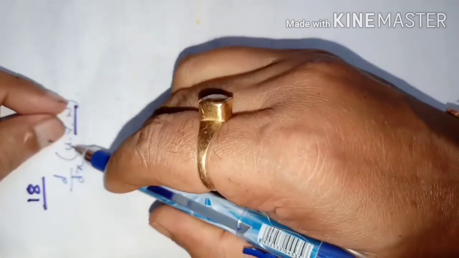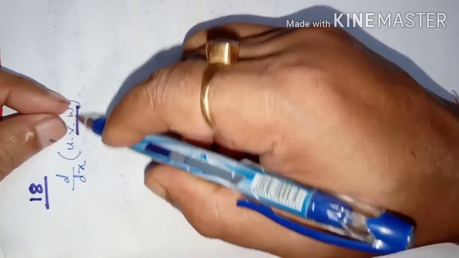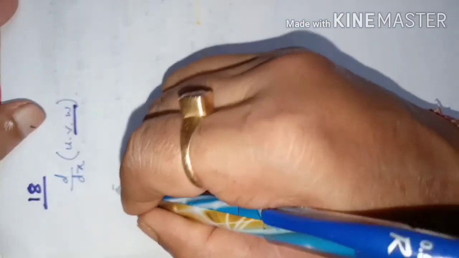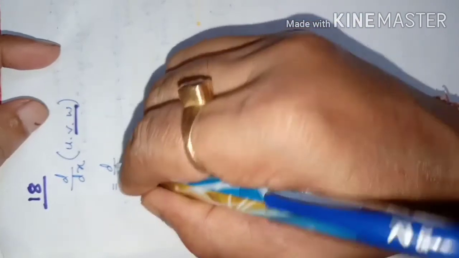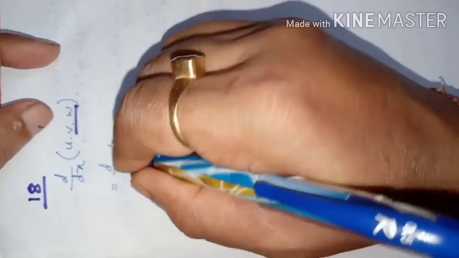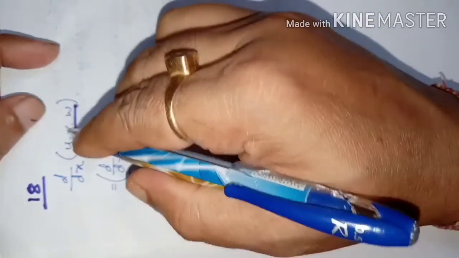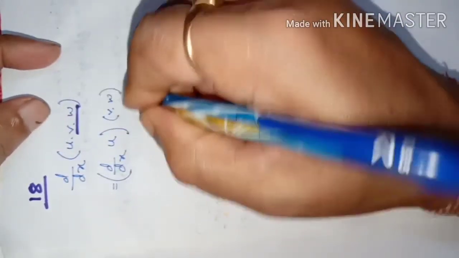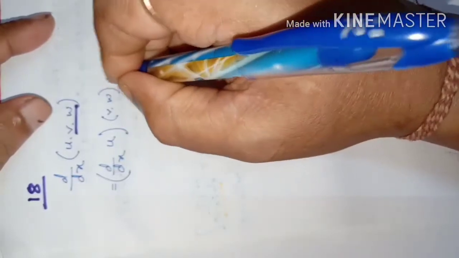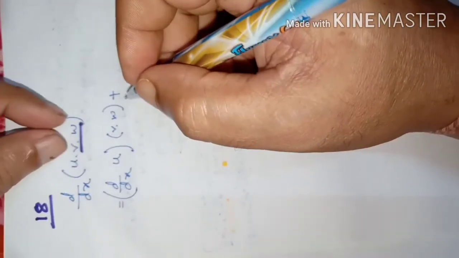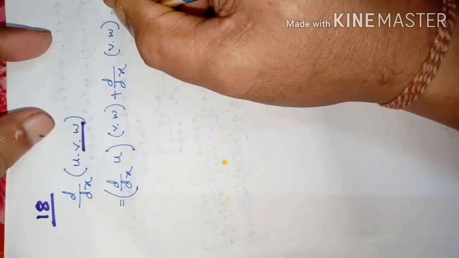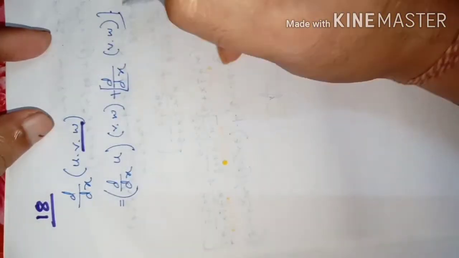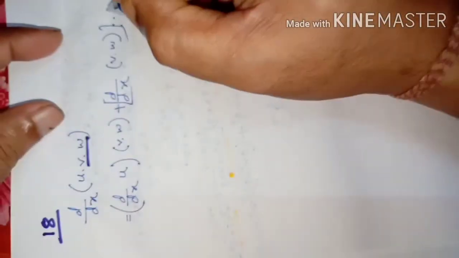That means it is a product of two quantities, u and another quantity, vw. Then by the uv rule, it will be d/dx of u into vw as it is, plus d/dx of vw into the function u.